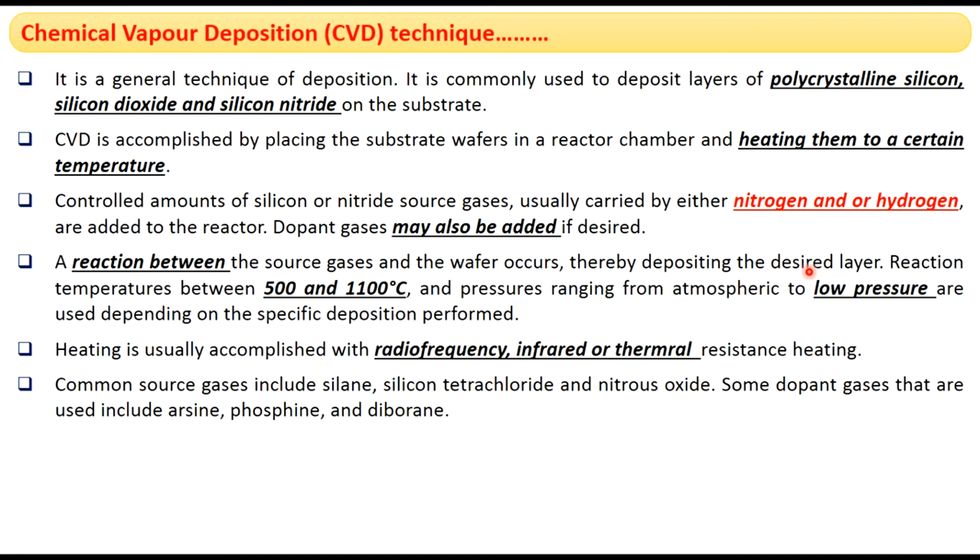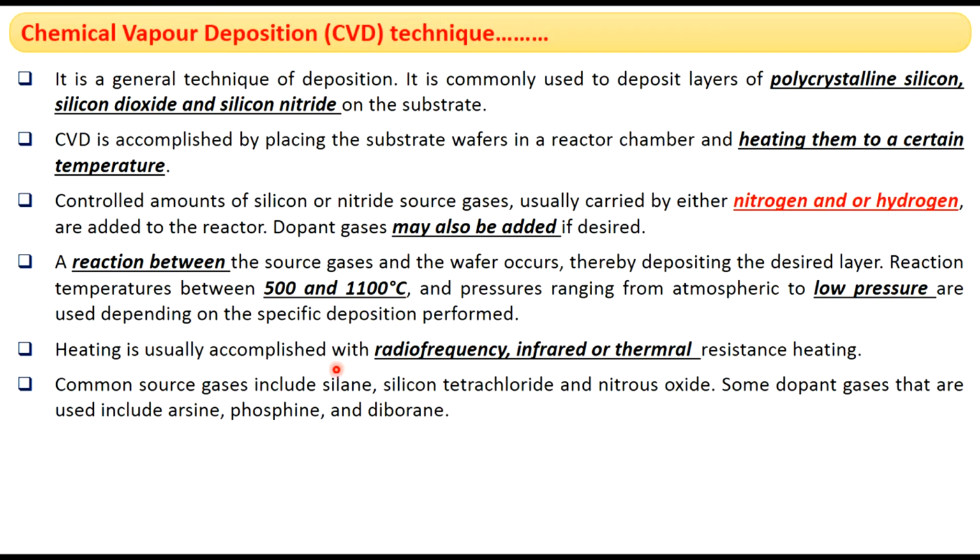The reaction temperatures range from 500 to 1100 degrees centigrade, and the pressures applied are low pressures up to 1 atmospheric pressure. The temperatures and the pressure maintained in this reaction depend upon the specific deposition which is done on the substrate.